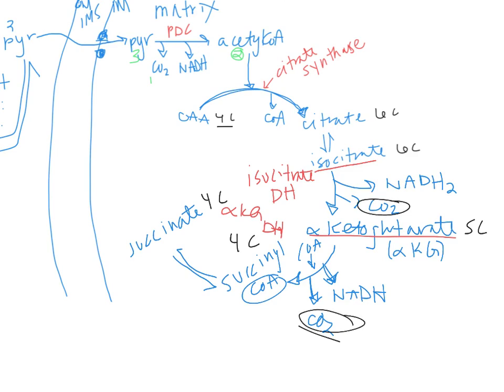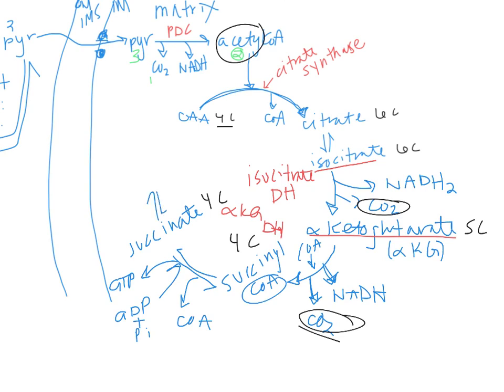We wanted 2 CO2s because we put 2 carbons into it. Succinyl-CoA to succinate will generate a GTP from a GDP and a Pi, and that's going to cost a lot of energy, and the payment for that energy is the thioester bond cleavage again.